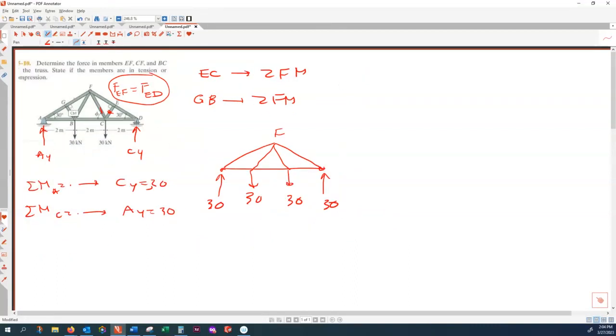Also, I can say if this one is a zero force member, I could conclude that FGF is equal to FAG.